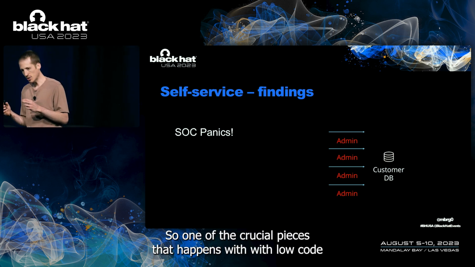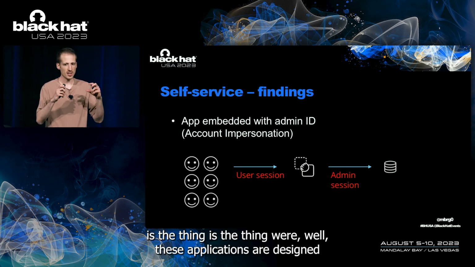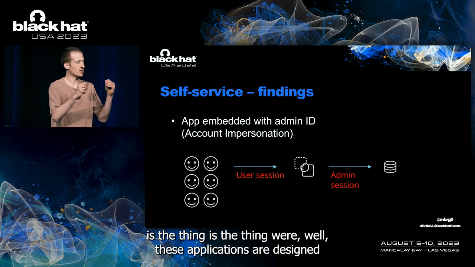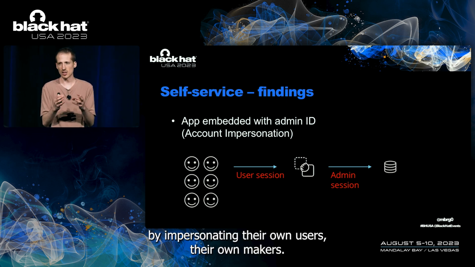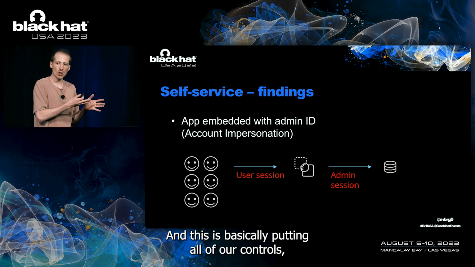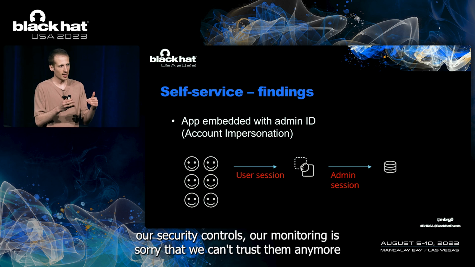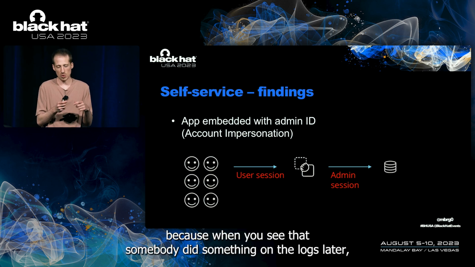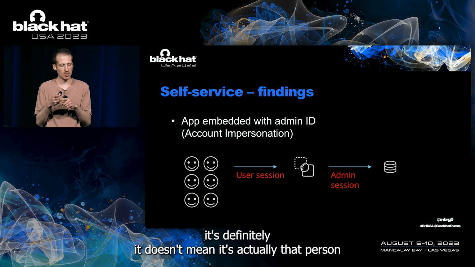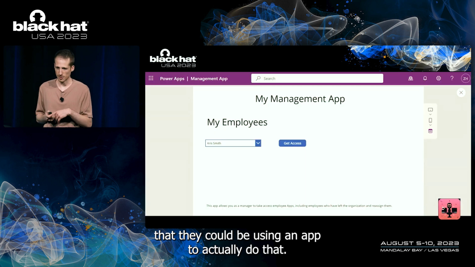So one of the crucial pieces with low code is that these applications are designed by impersonating their own users, their own makers. And this is basically putting all of our security controls, our monitoring, aside, right? We can't trust them anymore. Because when you see that somebody did something in the logs later, it doesn't mean it's actually that person. They could be using an app to do that.